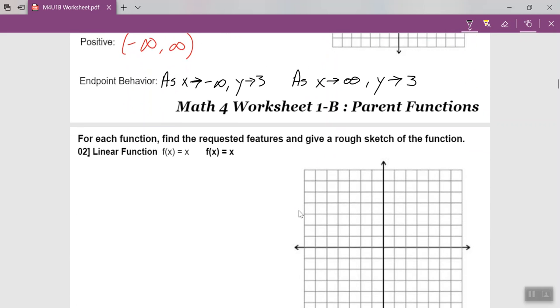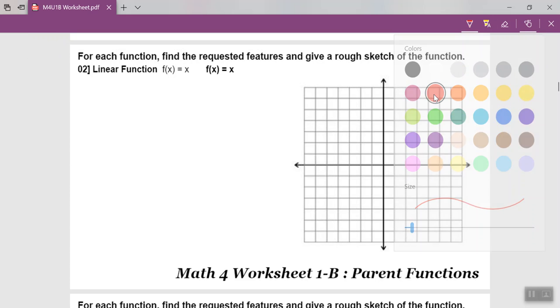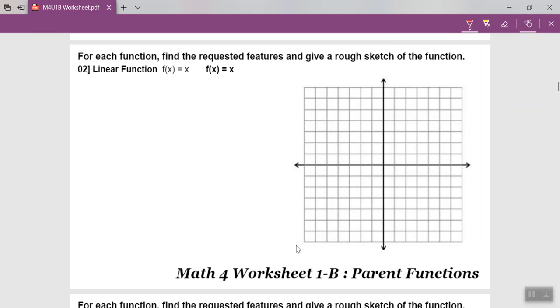Okay. Now, f of x equals x is going to look like this. Straight diagonal through the origin with a slope of 1.